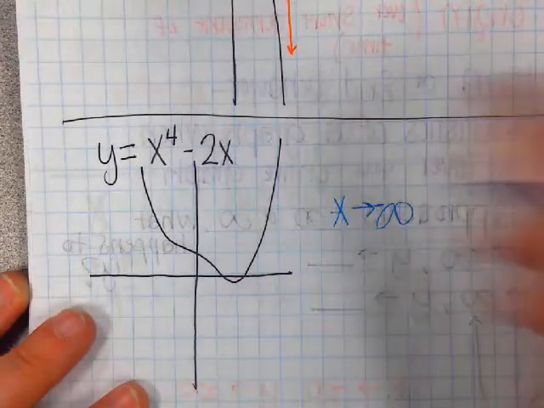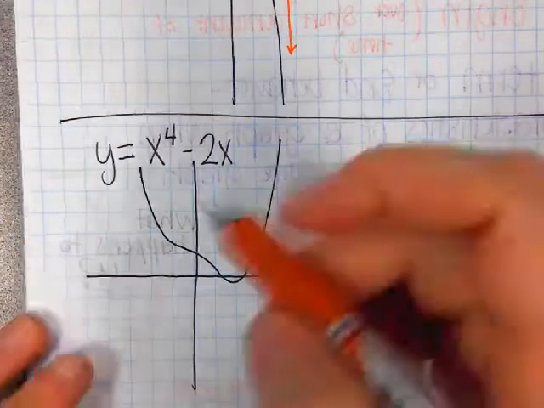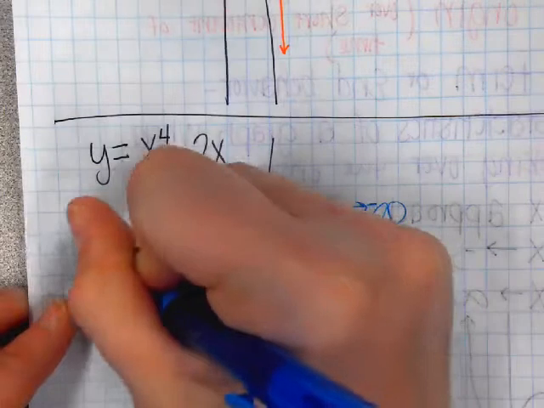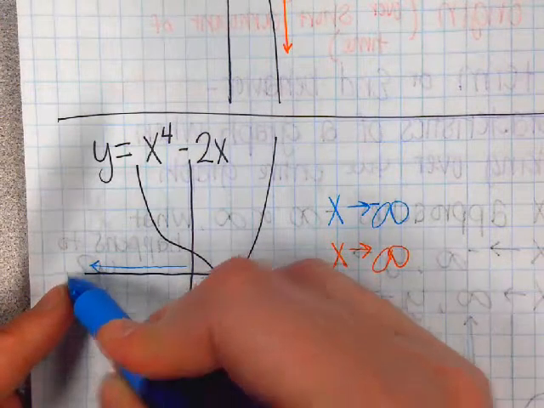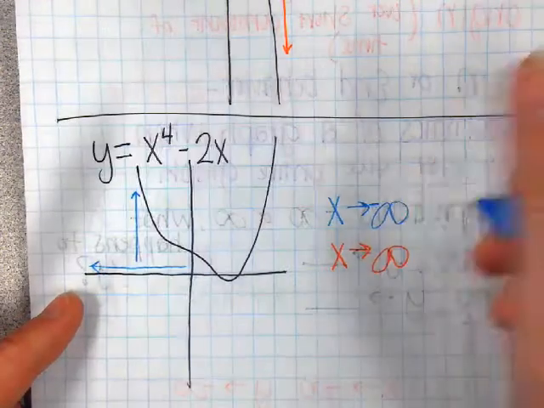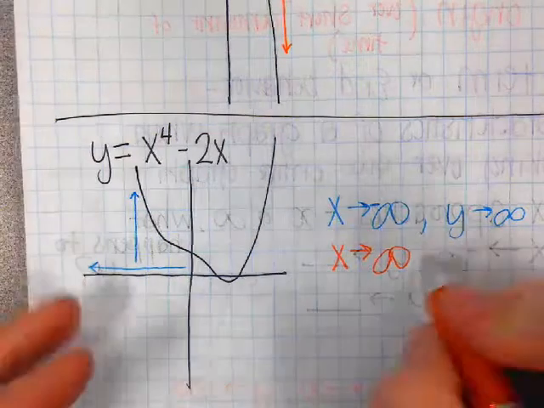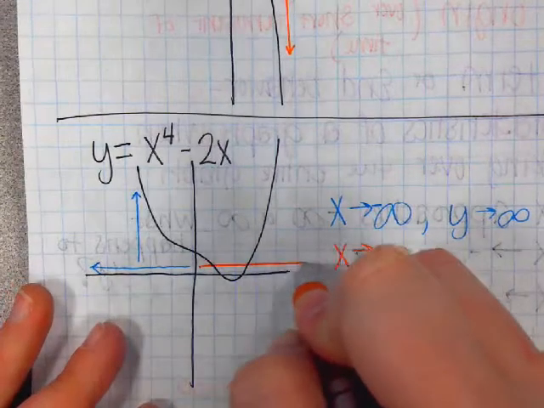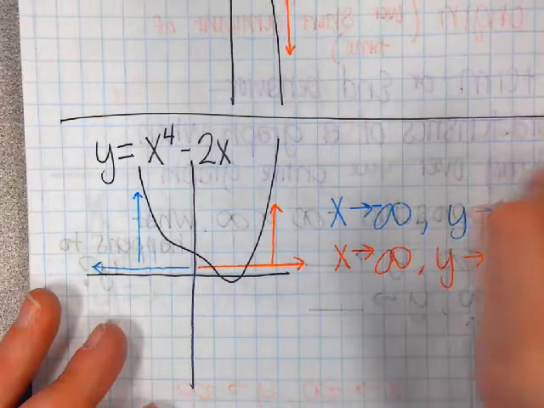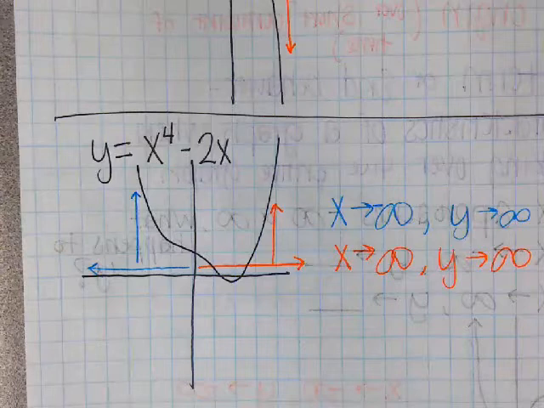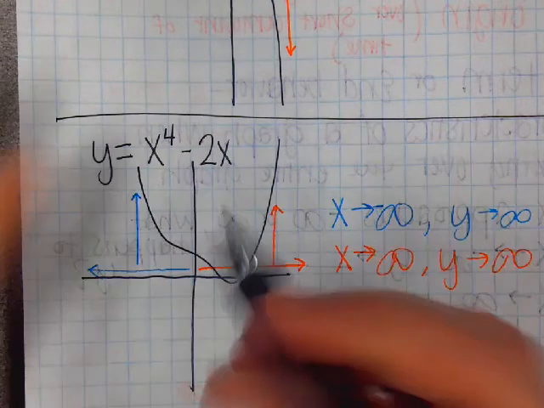Again, as x approaches negative infinity, the y values are going up, so y approaches positive infinity. And then as x approaches positive infinity, the y values are going up as well. So y approaches positive infinity.